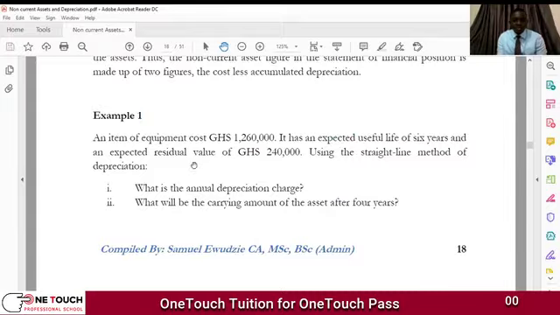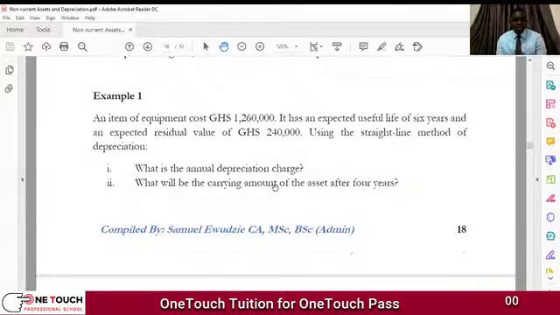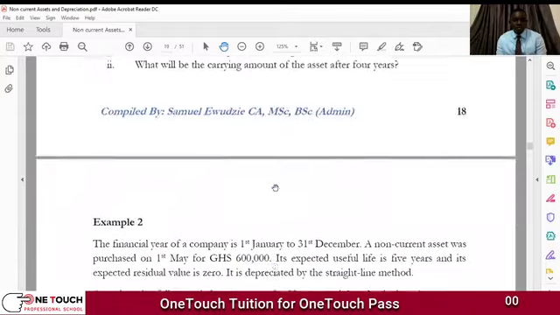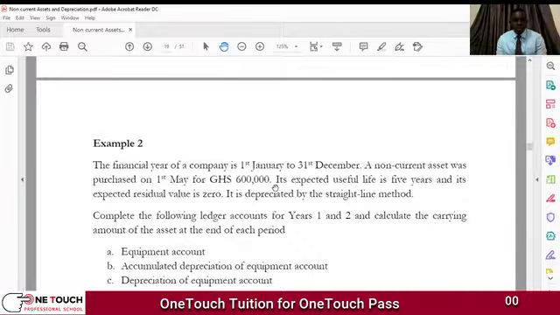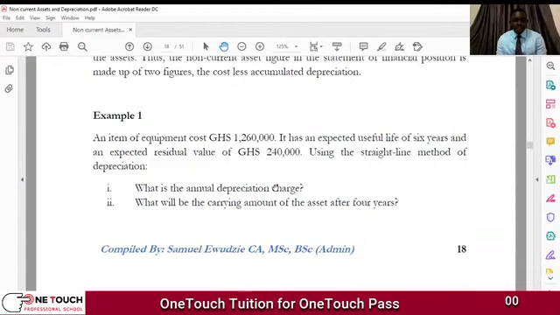So they are asking us the annual depreciation charge and the carrying amount.